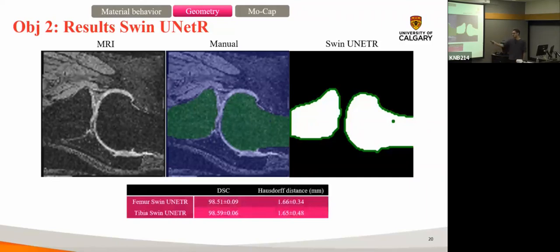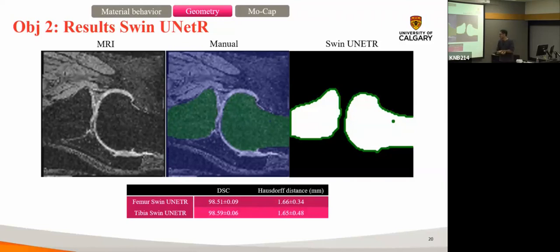The evaluation metrics that I used were Dice similarity and Hausdorff distance. Dice similarity is intersection over union. It shows how close your segmentation is to the ground truth, which is the manual segmentation. And we got over 98% accuracy, and it's comparable to other most advanced studies.